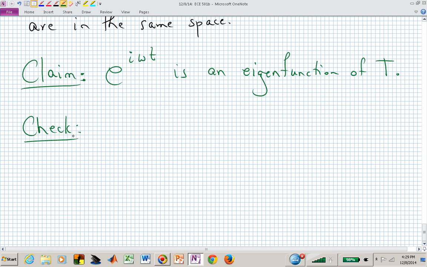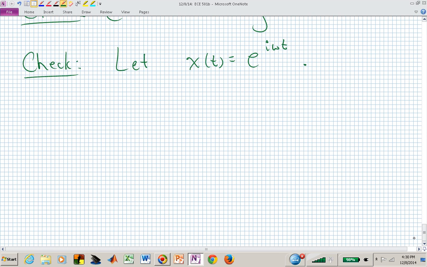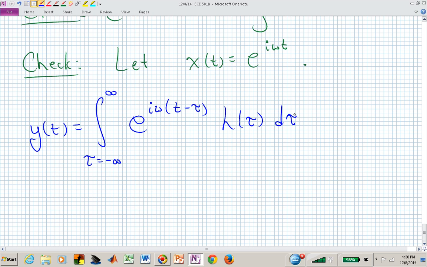Check. So let's now let the input be x of t equal to e to the i omega t. In our definition for the output y of t, that was this integral from tau equal minus infinity to infinity of x of t minus tau. Now we have x expressed as e to the i omega, but now we have t minus tau instead of t, h of tau d tau.